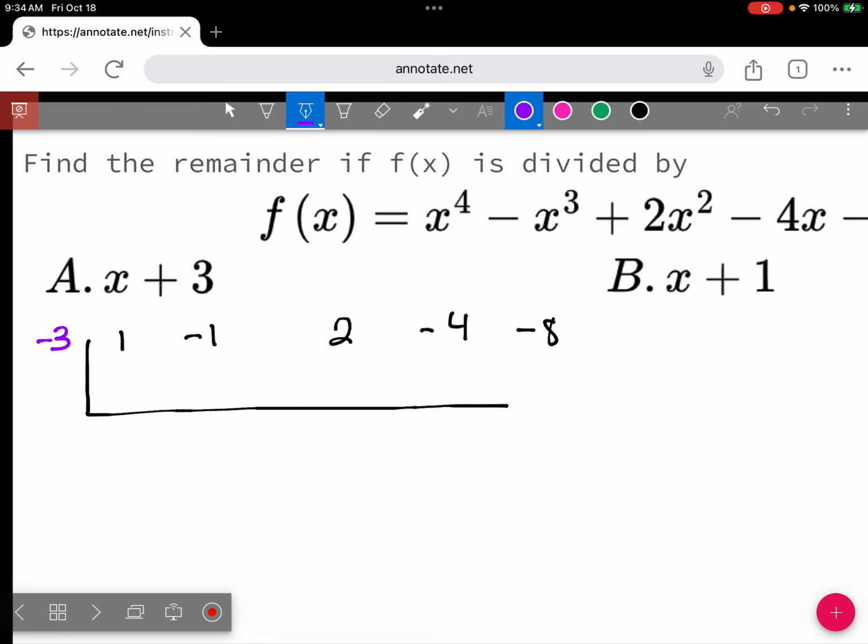So we're going to drop, multiply, and put it under. So we drop the 1. 1 times -3 is -3. And then we add. -1 plus -3 is -4. Bottom times the left and put it under. -4 times -3 is +12. And then we add.